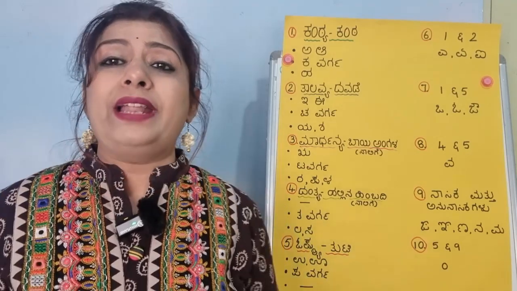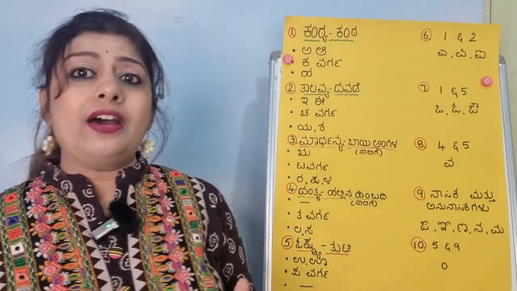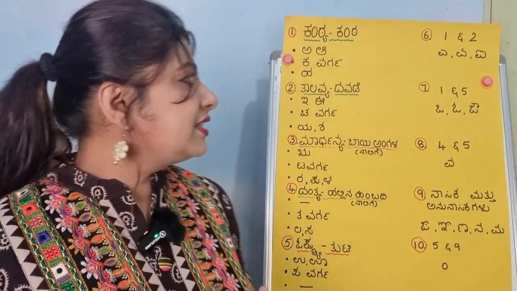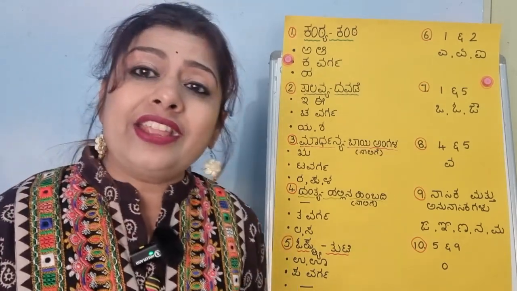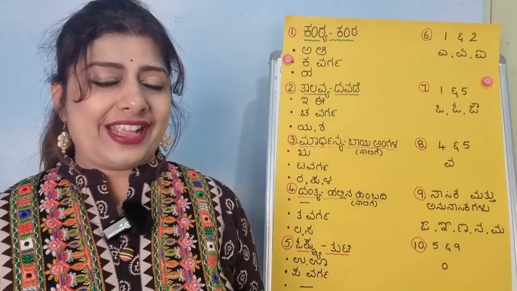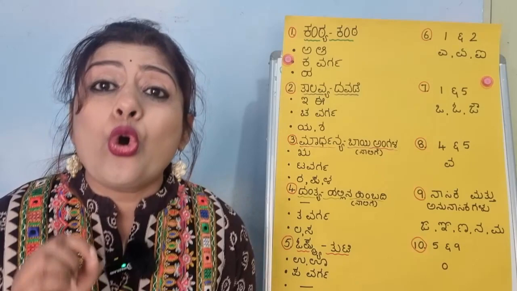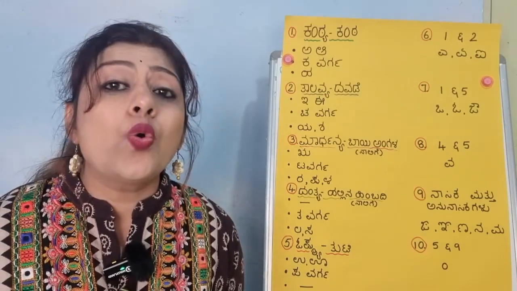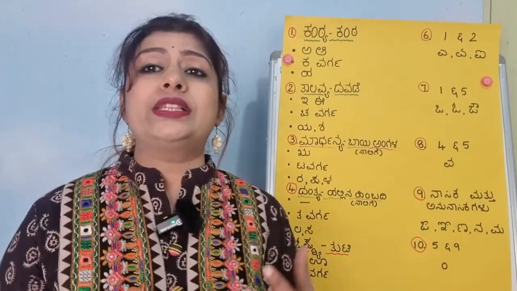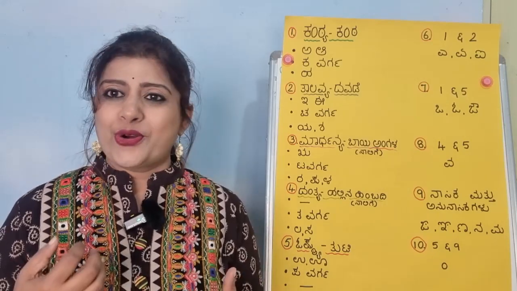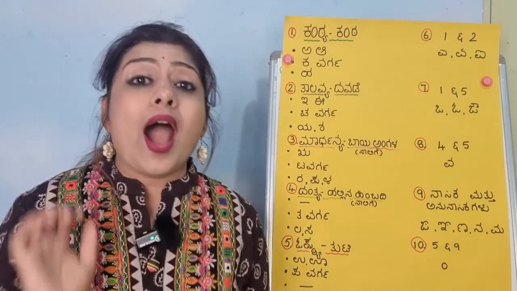This is the place where these swaras emerge, and the next one is the combination of Kantya and Oshtya. And what are those swara sounds? O and Au. Can you see how we are using the lips? O and Au.